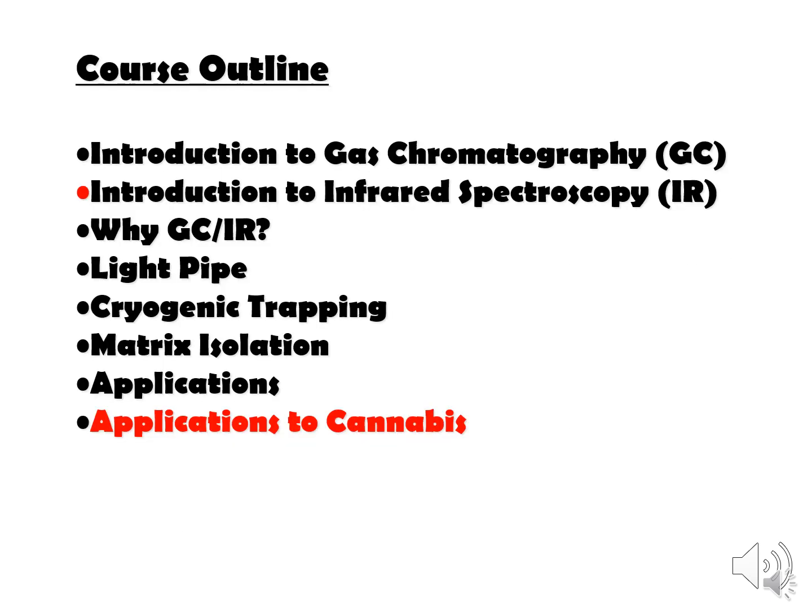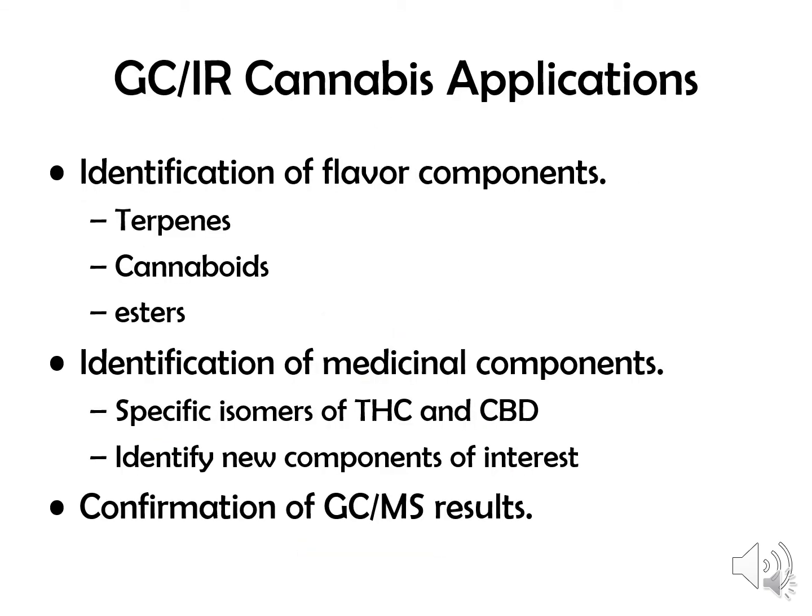Applications to cannabis. In cannabis, you have exactly what we're talking about here. You have a lot of different complex flavor components: terpenes, cannabinoids, esters. These are all fairly large biomolecules where specific isomer identification is very, very important. So for the flavor components, GCIR would lend itself well to quality control, being able to understand whether a particular cannabis sample contains what we think it contains, and making sure that corresponds with what we want to have in there.